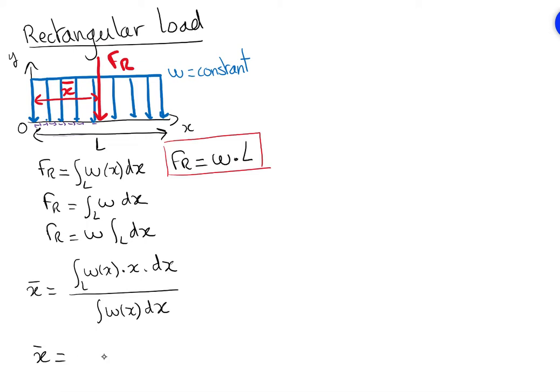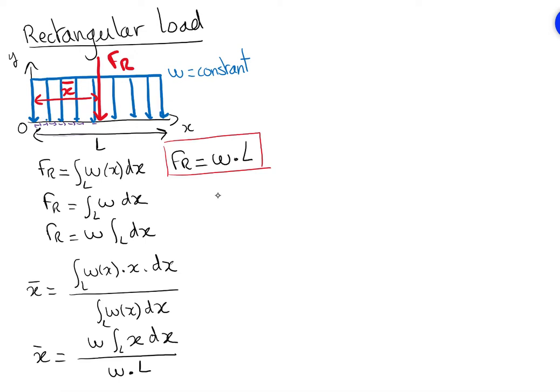Since w is constant, we can take it outside, so it's w times the integral on L of x dx. And the integral of w(x) dx is what we just did before, FR, so it's w times L.